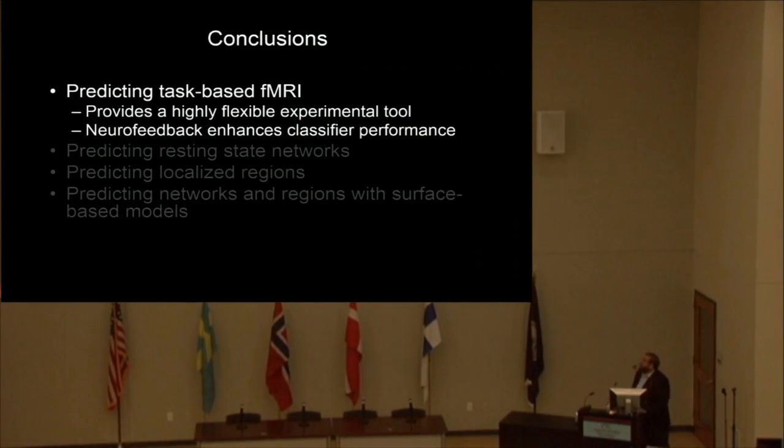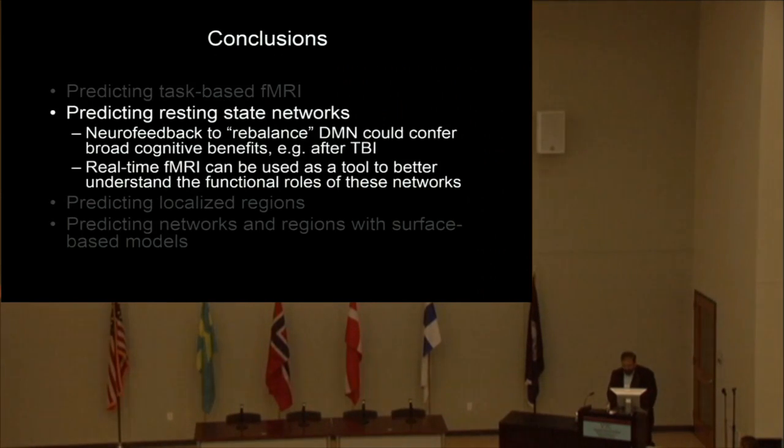Okay, so I've covered a lot in a pretty short amount of time, but to just kind of recap, predicting task-based fMRI provides a highly flexible experimental tool, and we're finding that the neurofeedback actually enhances classifier performance, and we think the human performance of the task is what's actually supporting this.